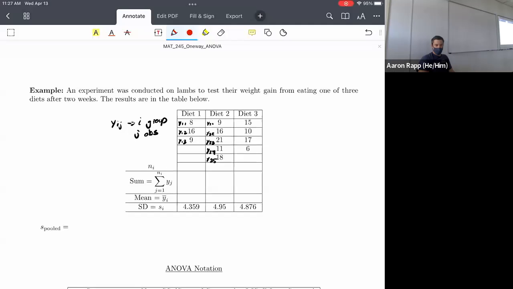I went ahead and calculated the standard deviation for us. But then once I have the standard deviation, I also want to get the pooled standard deviation from all of this information. Okay. So first things first, I have 3 groups, which is the 3 diets, diets 1, 2, and 3. How many observations do I see for the first diet?